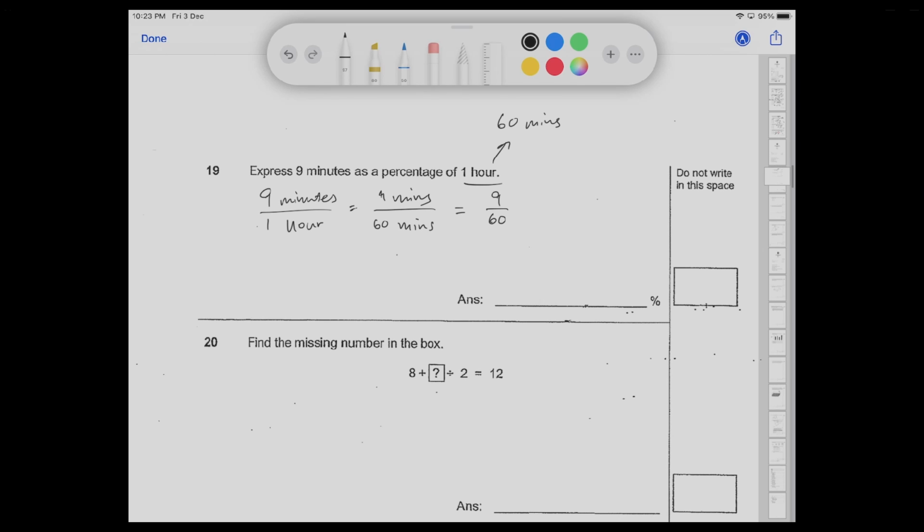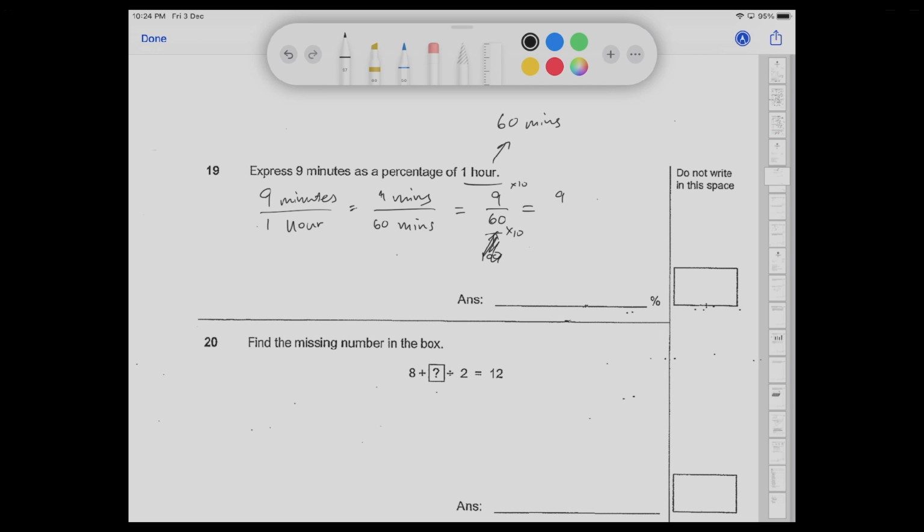You want to get this number to 100, right? There are a few methods, but the method I prefer is you times 10 to it first.